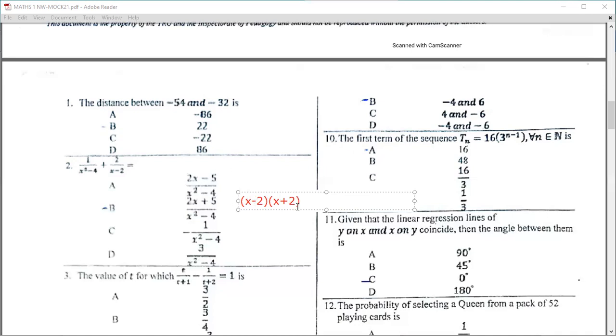Now, since this is the LCM, at this point, if we take x squared minus 4 divided by x minus 2 into x plus 2, we are going to have x minus 2 into x plus 2 all over x minus 2 into x plus 2.